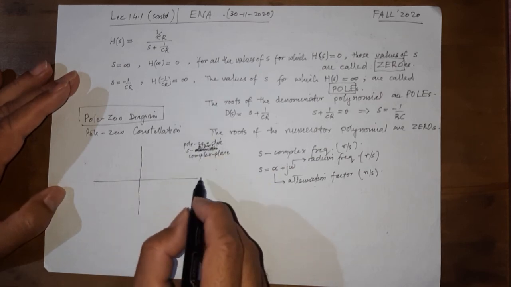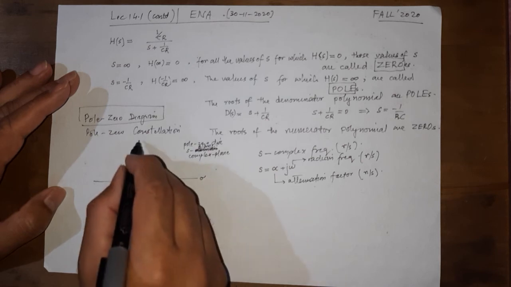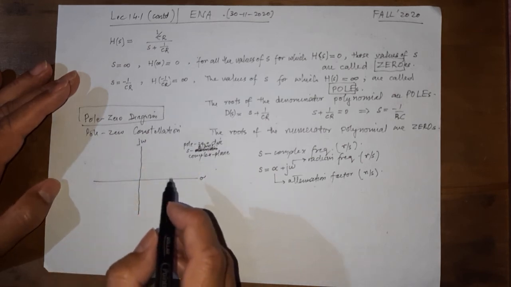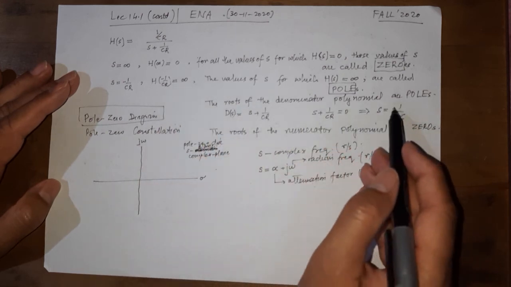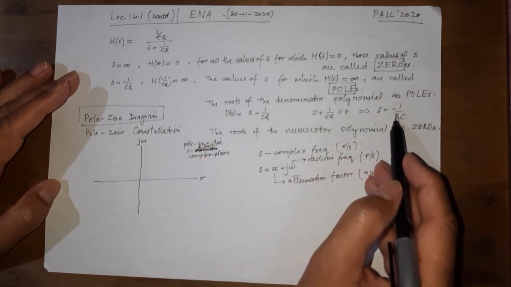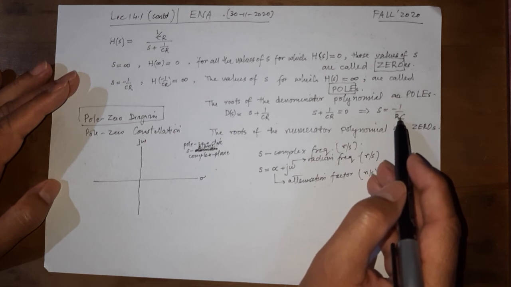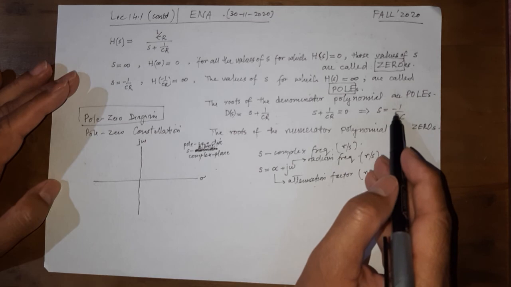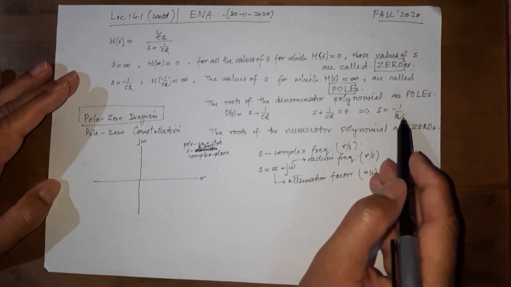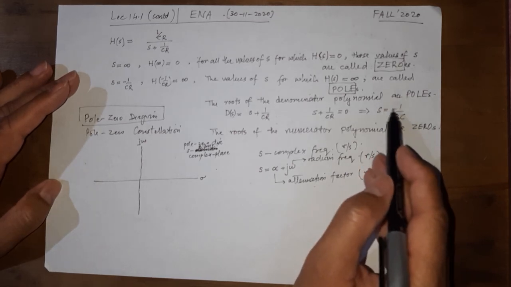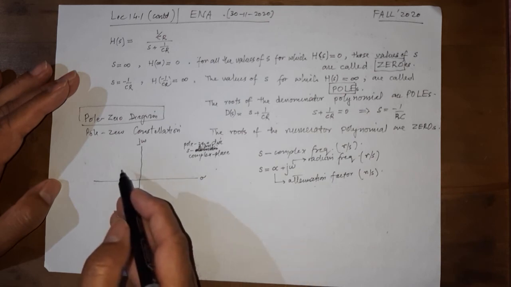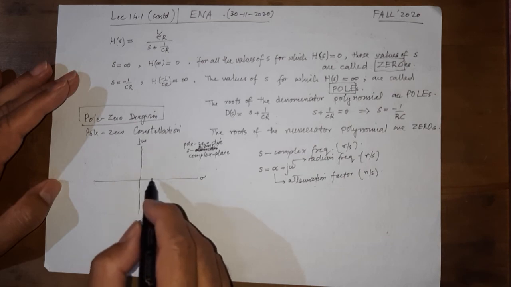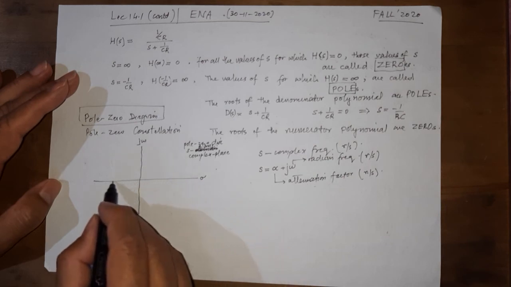What are the poles and zeros? Values of S. Because they are values of S, they can be represented in this plane somewhere. So for example, look at this value of S. R is a positive value, C is a positive value. So minus 1 over a positive value times a positive value is going to be overall a negative value. So in this plane a negative real value is represented.